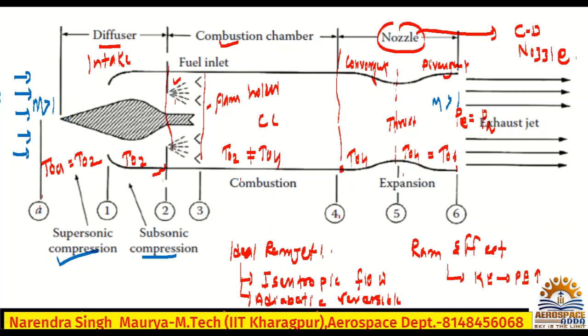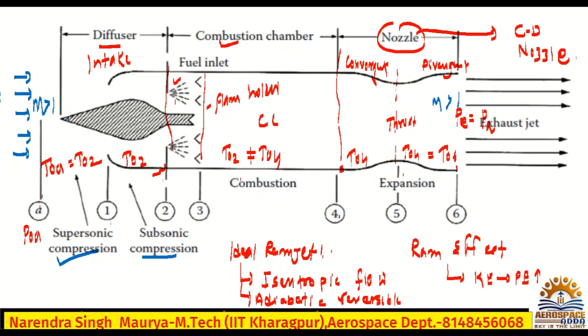So what is the pressure at station A? I'm talking about total pressure and total temperature. I'm not talking about static, because whenever you talk about the engine, you talk about total pressure and total temperature. So at station A, what is the total pressure? P naught A. Okay. So obviously we will not have any loss.